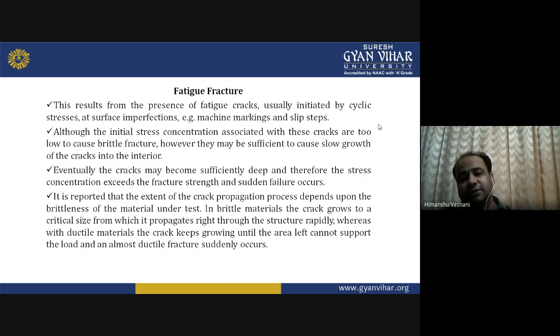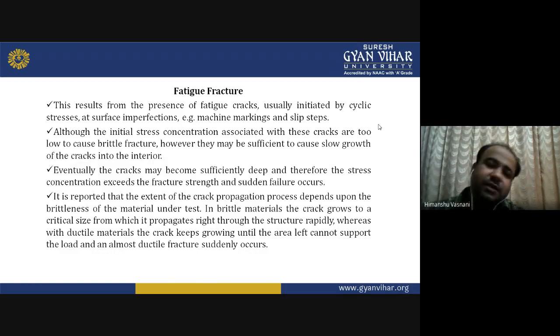Now fatigue fracture. This results from the presence of fatigue cracks, usually initiated by cyclic stresses and surface imperfections, for example machine markings and slip stress.